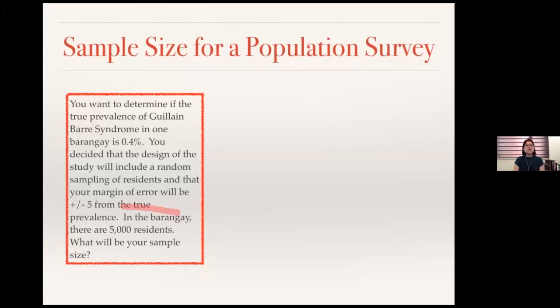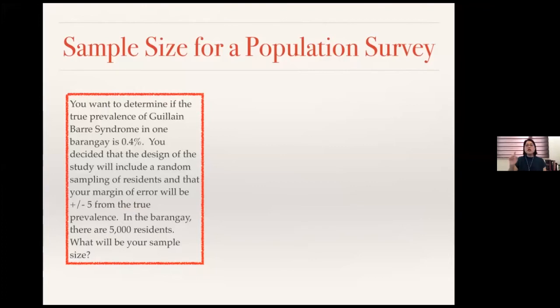So you decided that the design of the study will include a random sampling of residents and that your margin of error will be plus or minus 5 from the true prevalence. In the barangay, there are 5,000 residents. So it's basically the same scenario as the previous example. So what do you do?